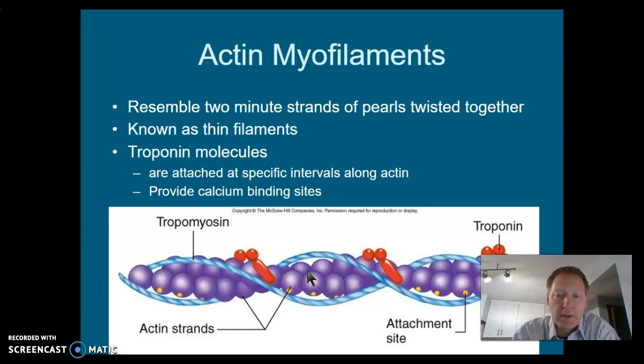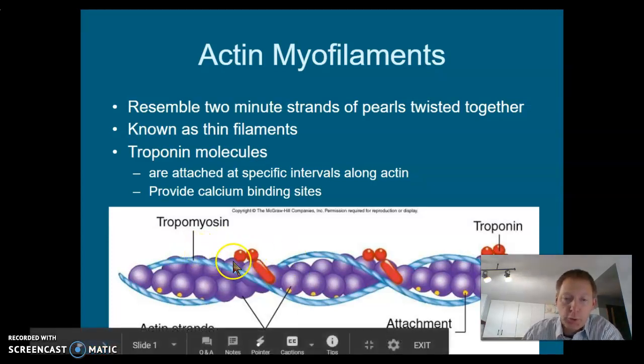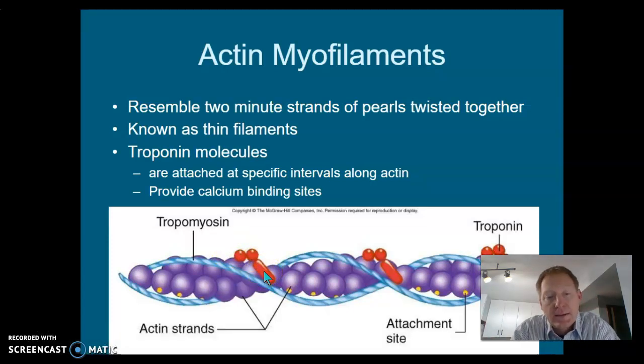So one of them is this molecule called troponin. Troponin is this little red molecule right here, and it hangs out on the side of the actin, and its job is to provide the calcium binding sites. So we briefly mentioned this last time, that the calcium is actually what triggers the muscle to start to contract.